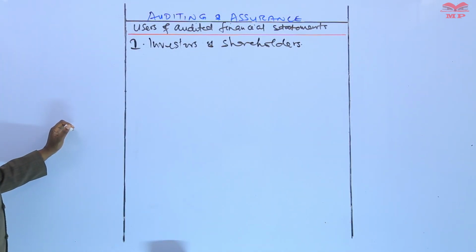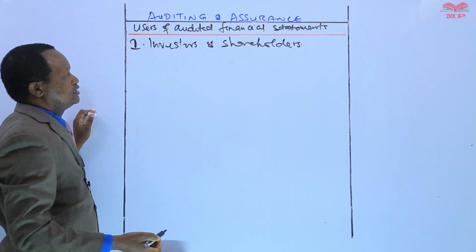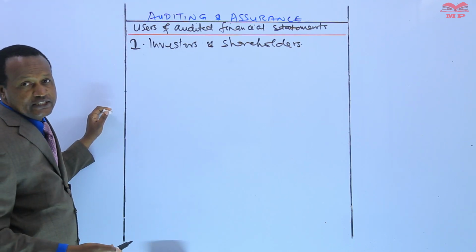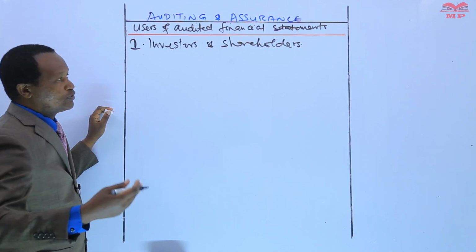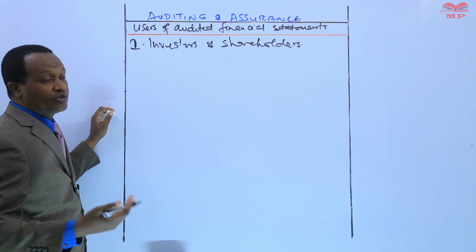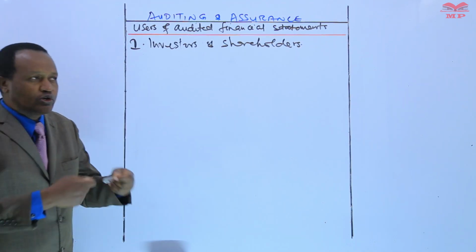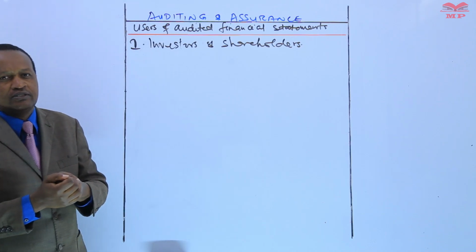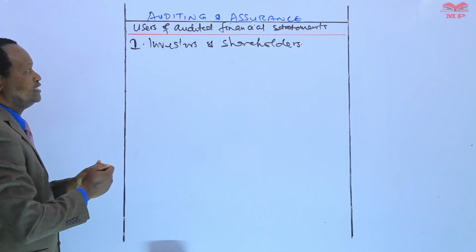Investors and shareholders use audited financial statements to meet their own needs. They use financial statements to assess the profitability, financial stability, and growth potential of a company, which then helps them make informed investment decisions.